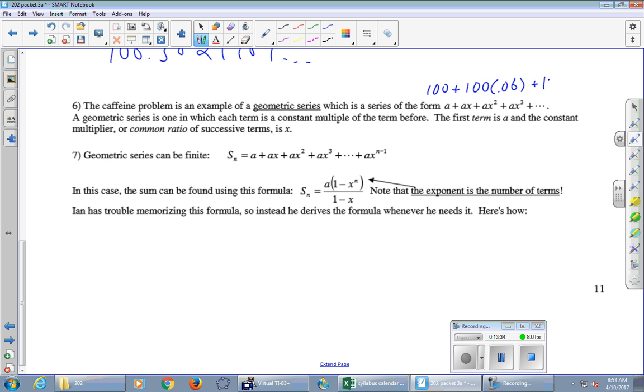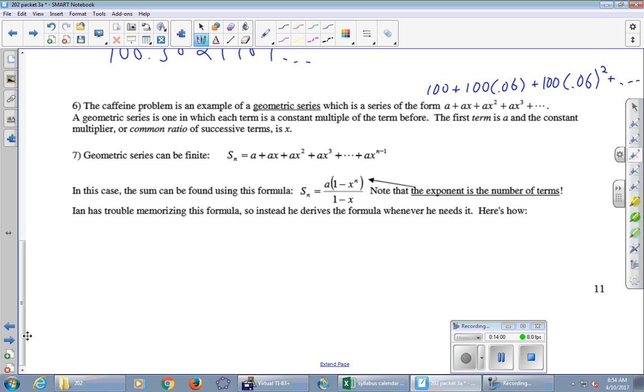Isn't this exactly the series that we just talked about? So it's called a geometric series. The defining characteristic is that every term is the same multiple of the previous term. In this case, the multiplier is 0.06. Okay, the first term is a, and the constant multiplier or common ratio of successive terms is x.